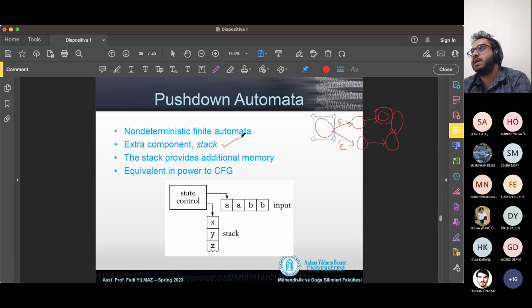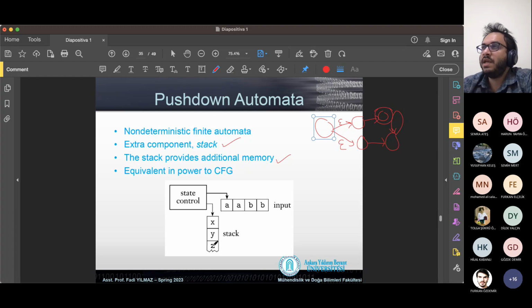Maybe the state that they are on, but nothing else. But with the pushdown automata with the stack, we have infinite memory. Okay, guys, we have infinite memory by having the extra stack. So we can have the epsilon rules as well, and we can use the stack as well. So we have a non-deterministic finite automata with a memory.